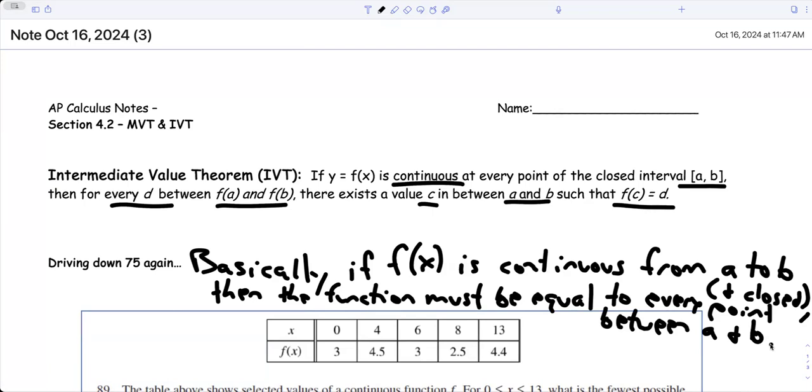Okay, it's kind of common sense. If we're going from 20 to 80 and the function's continuous, then that means we're going through every value from 20 to 80.